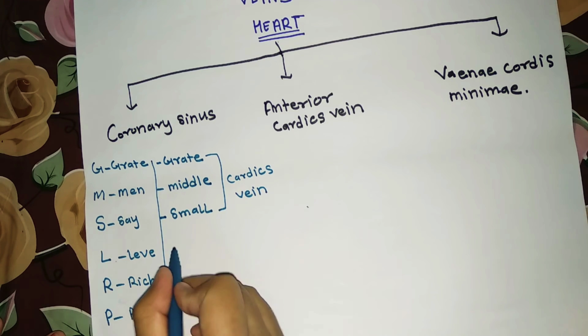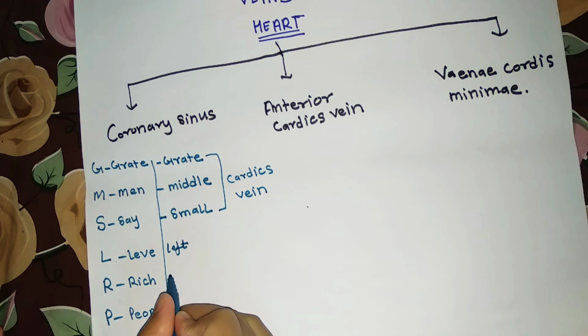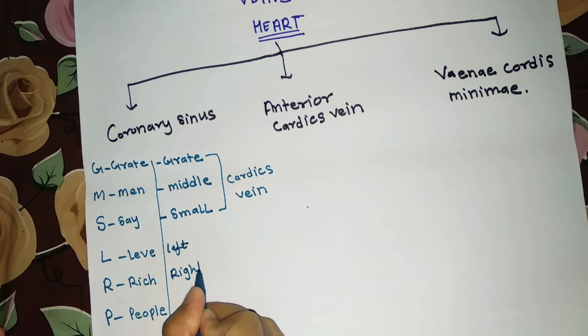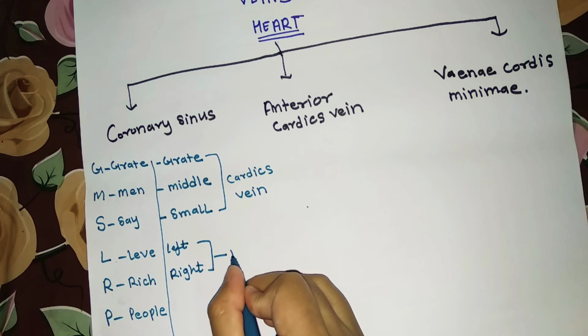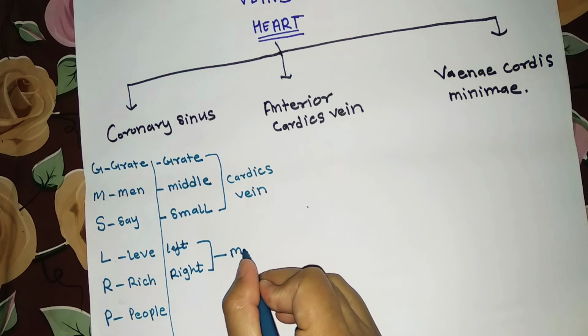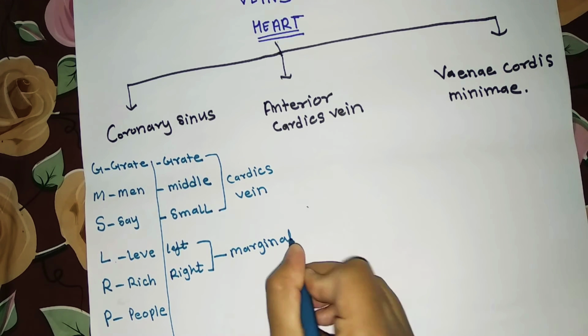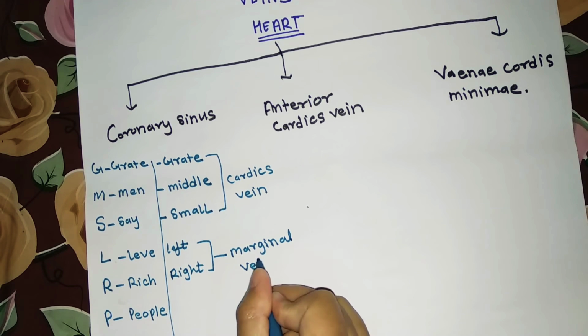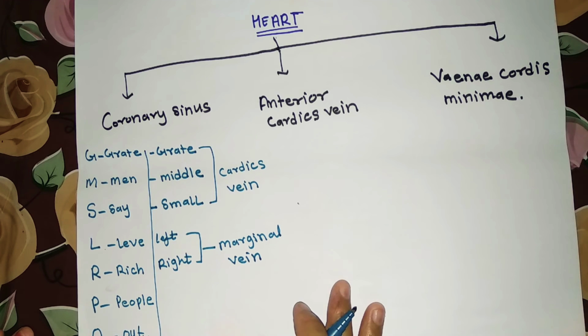L for left, R for right, marginal vein. These are all branches of the artery, right? You should know the blood supply. Left, right, marginal vein.